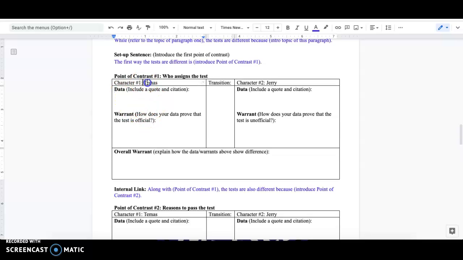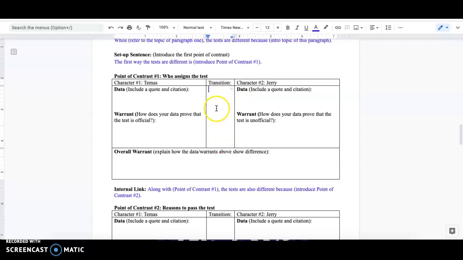So you're on Tamas's side first, so give me a little information. Write one of those sentences with a context and a data point and a citation of who assigned Tamas's test. Then your warrant, how does this moment prove that Tamas's test is official? Next, then you'll go to your transition.